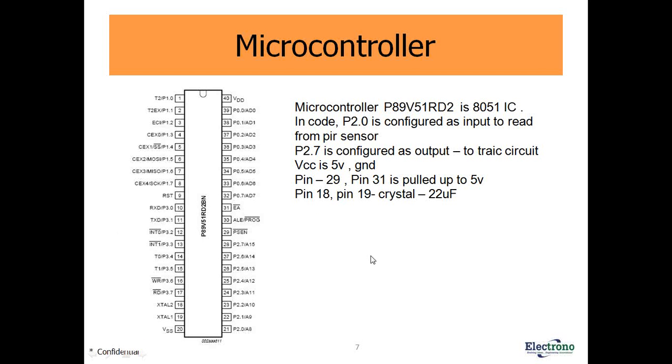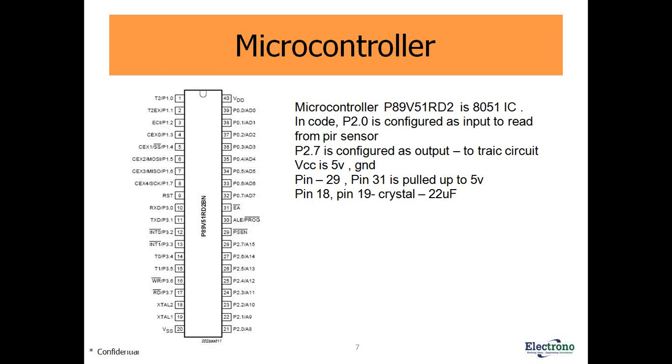We have used only 11.0592 megahertz. It has a prescaler of 12, or it can be 6 also, based on the manufacturer. So the prescaler decides the actual frequency at which the microcontroller is operating.